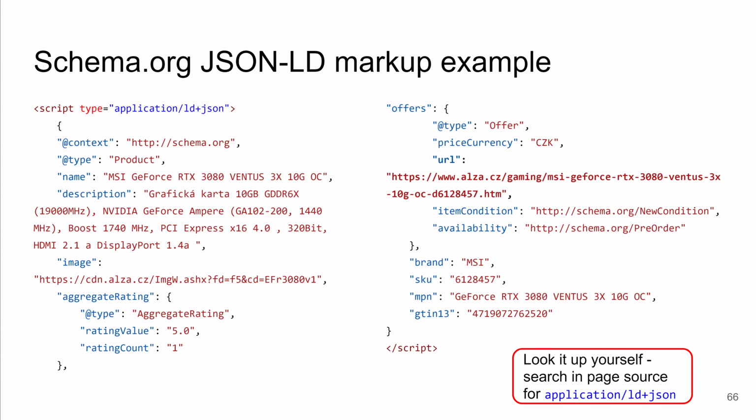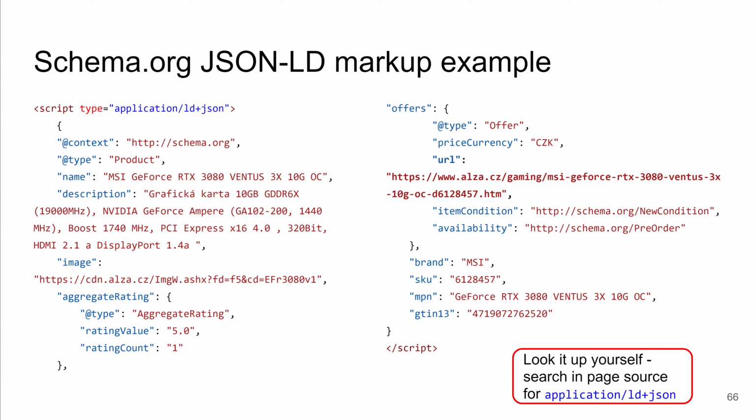Historically, you could use microformats, microdata, or RDFa, which is yet another RDF serialization, which adds HTML attributes so that you can interpret that HTML as RDF. But now the preferred way is to add a script element to your HTML page containing JSON-LD using the schema.org vocabulary.